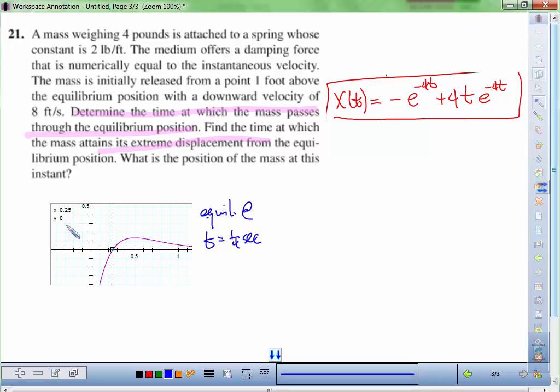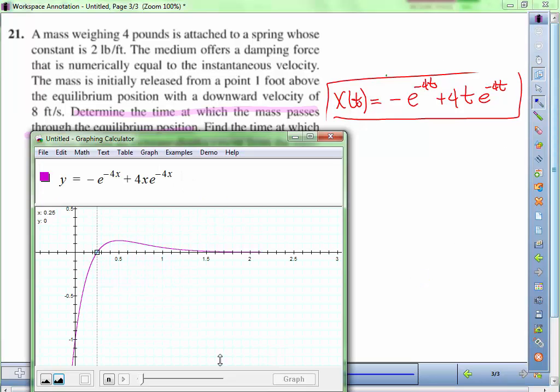Find the time at which the mass attains its extreme displacement and what is the position of the mass at this time. So let's answer that by finding the maximum. I'm going to see if I can click on the maximum. Here's a maximum at half a second. That's when you get the furthest distance away. Actually, technically, the furthest distance away is 1 foot at the starting point.